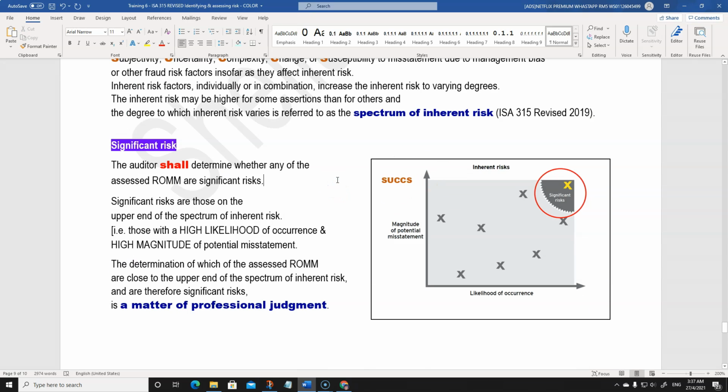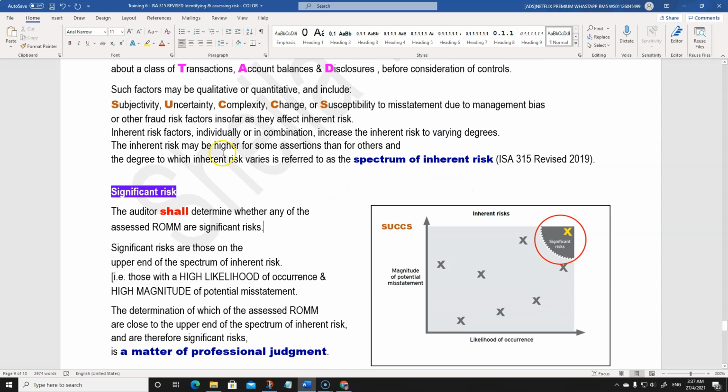Any financial statement item which has got SUCCS, that means they are subject to subjectivity, uncertainty, complexity, change, susceptibility to management bias, the magnitude for potential misstatement would be very high. So any financial statement item which has got more of SUCCS is likely to be a significant risk.